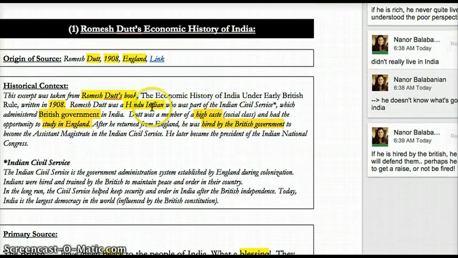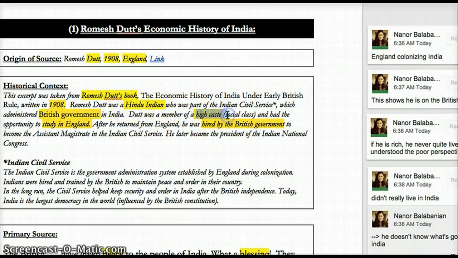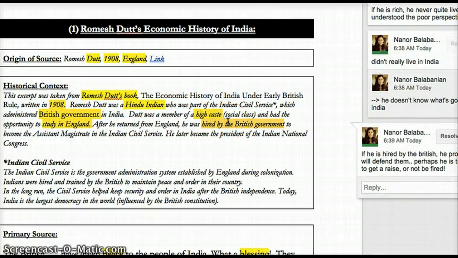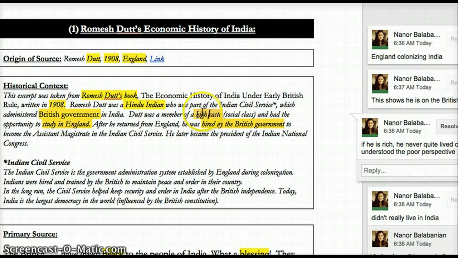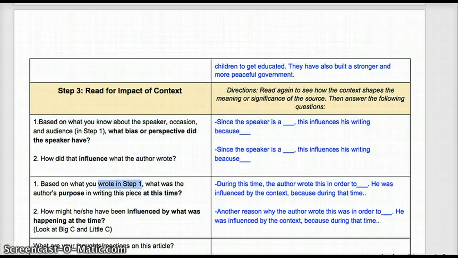Well, let's see. We know he's a Hindu Indian, he's of high caste, and he works for the British government. So, like we said, if he's hired by the British government, he's probably going to defend them. Or if he's of high caste, he's probably really rich and never lived or understood the poor perspective. So let's go ahead and type those up.